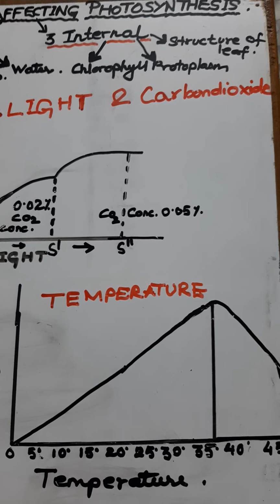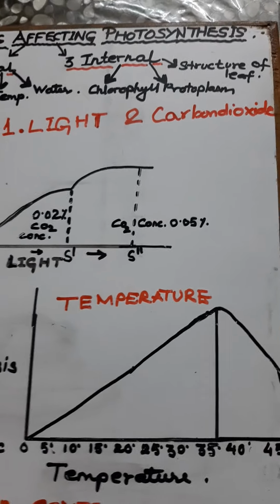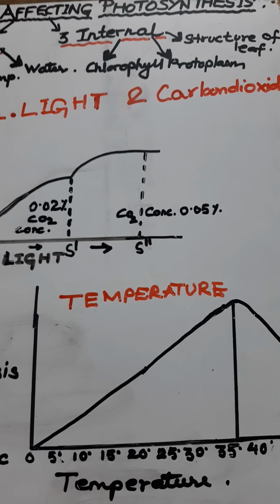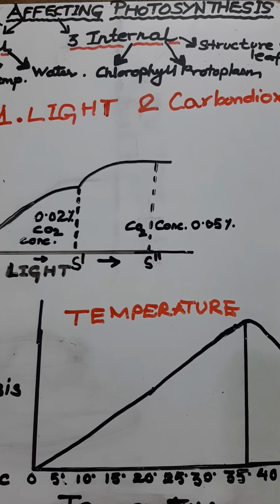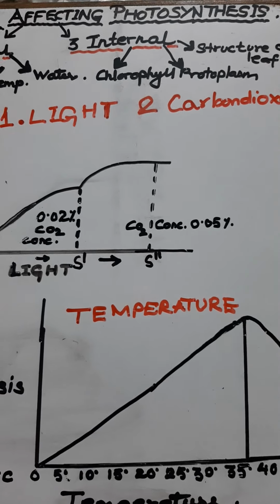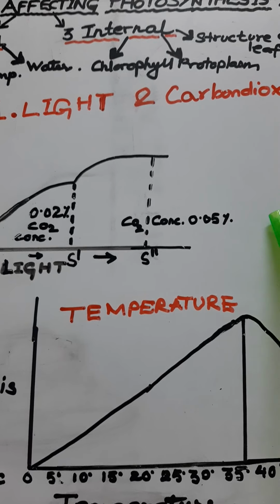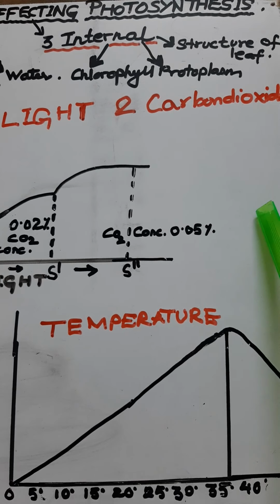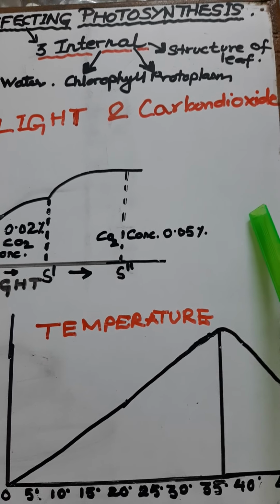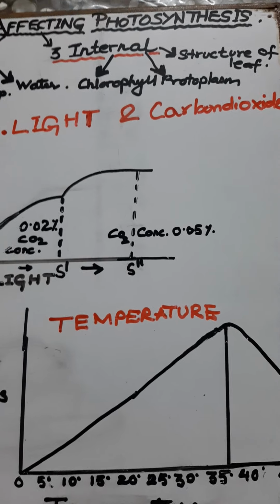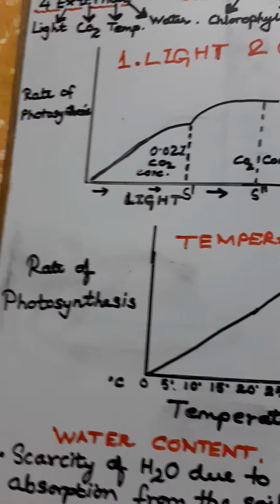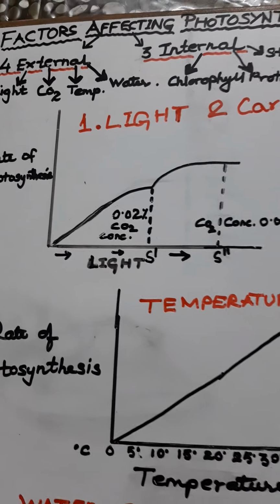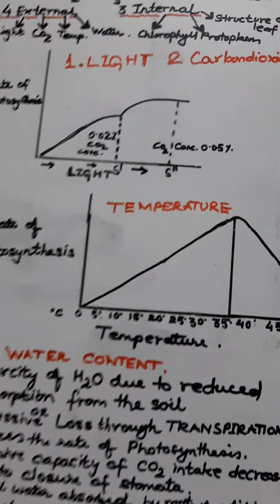All this will influence, okay, all these three factors, any one of them, they will influence the rate at which carbon dioxide or light enters the leaf. Okay, so these are the internal factors and these are the external factors that may affect the rate of photosynthesis.